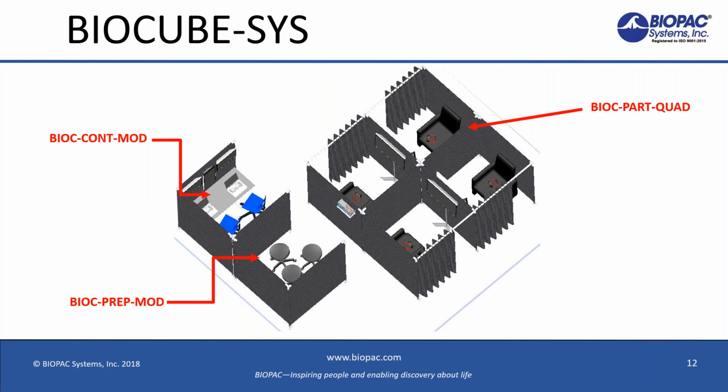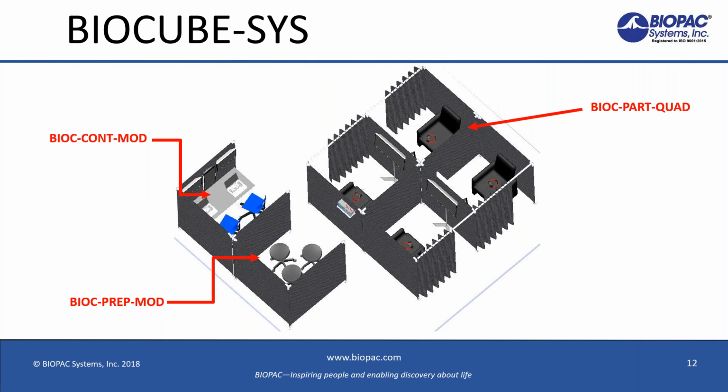Then adjacent to that, we have the control room. The control room includes a table for all the computers, the monitors, and everything else. And then there's a preparation module. Comes with stools, a cart with storage containers for holding electrodes and other supplies.